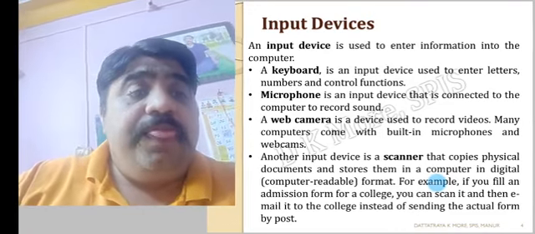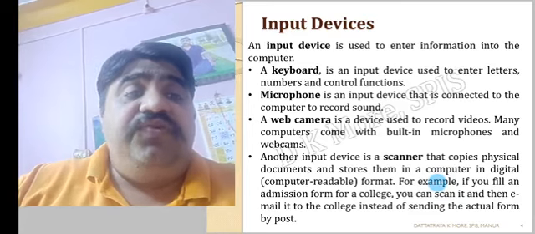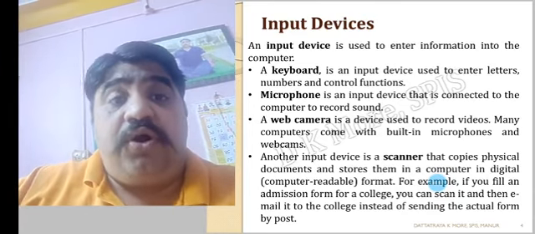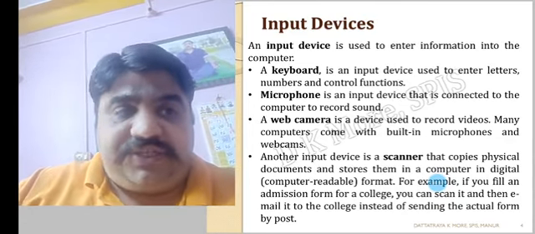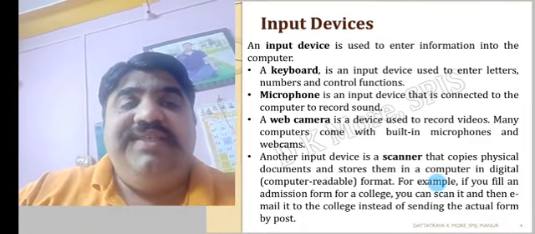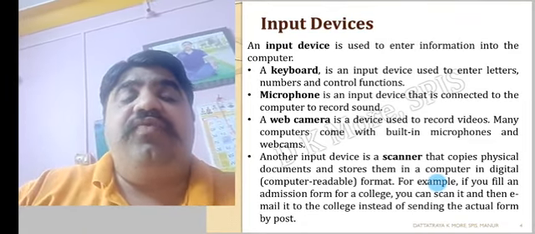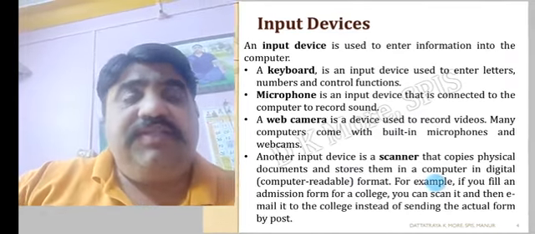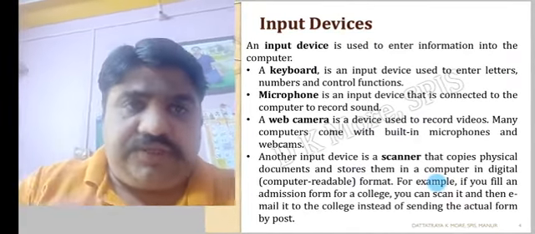For example, if you fill an admission form for a college, you can scan it and then email it to the college instead of sending the actual form by post. That is the fastest way of communication.